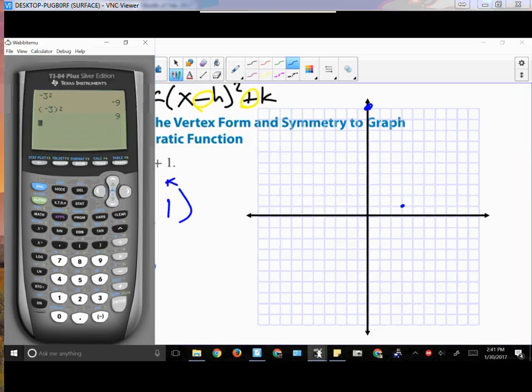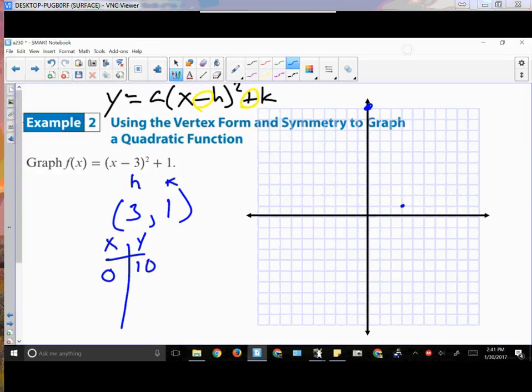Which one is negative 3 squared, the first one or the second one? The second one, because it's negative 3 being squared. Gotta remember that, so always catch on that calculator. So, I have got this idea of a parabola that it's symmetric.